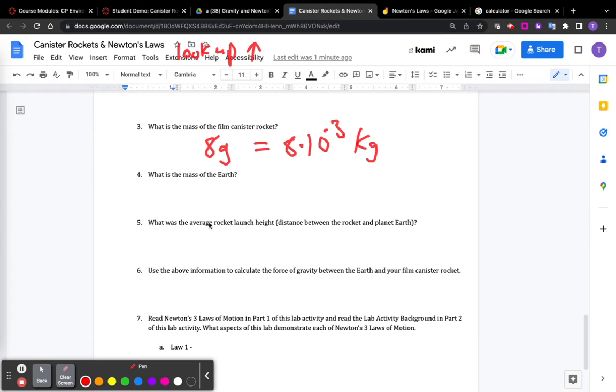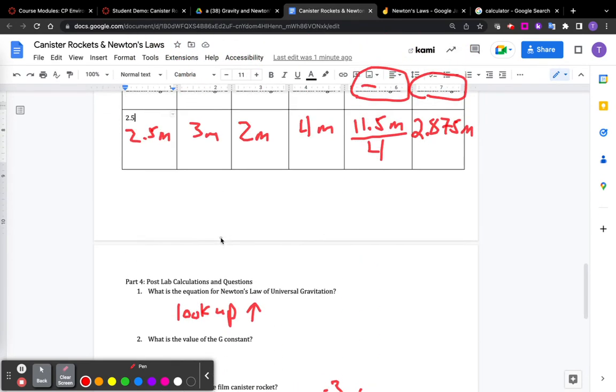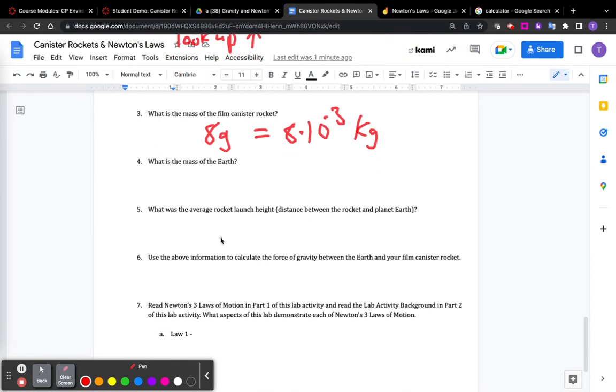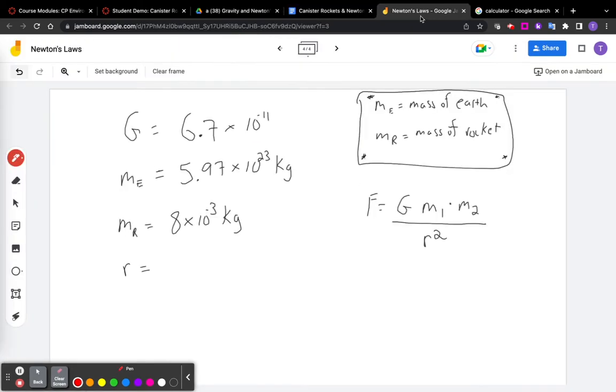Okay. Your average launch height, you should have it from up here. Mine was 2.875 meters. And the next question says use the above information to calculate the force of gravity. So the R in our equation here is the distance between the Earth and the object you're trying to figure out the gravitational force of.